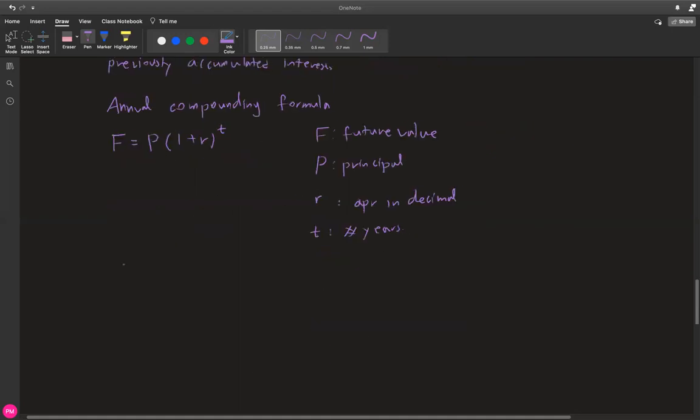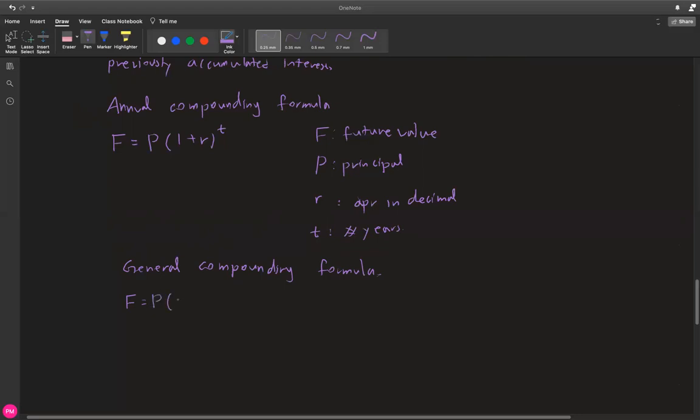So now let's look at the general compounding formula. The general compounding formula is used on most compounding situations, and it is actually really similar to the annual compounding formula.